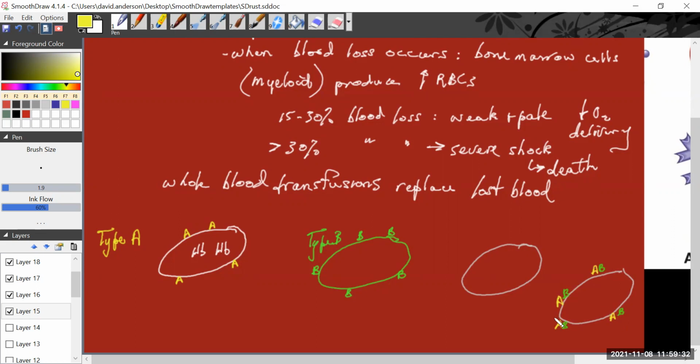So this is, so far, what we talked about is pretty typical. So this would be our type O, and this is our type AB. Okay, so every cell in our body has cell markers on it that identify them as self cells.